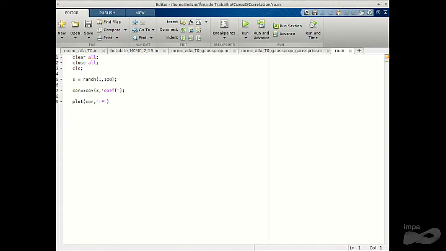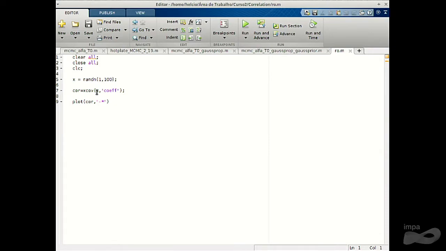I'm generating 100 random numbers from a Gaussian distribution, zero mean and unitary standard deviation, standard Gaussian, okay? And I compute exactly that normalized autocovariance function.